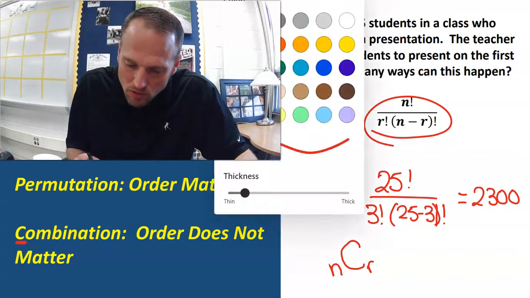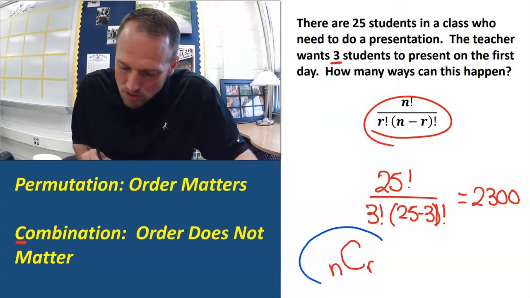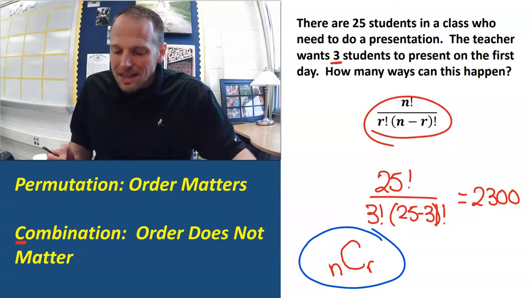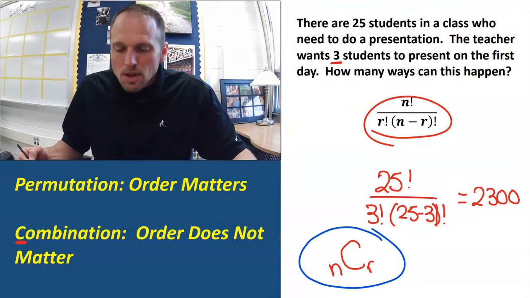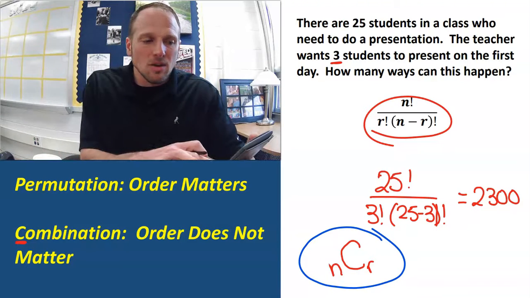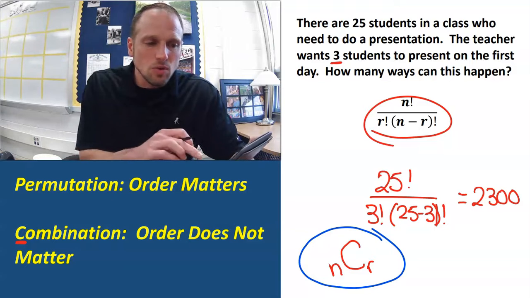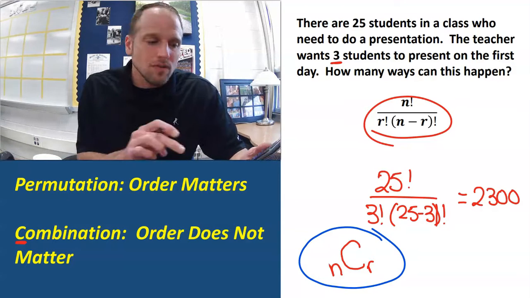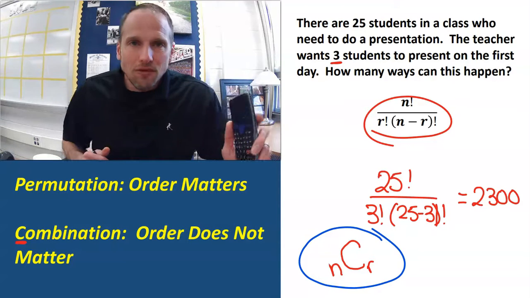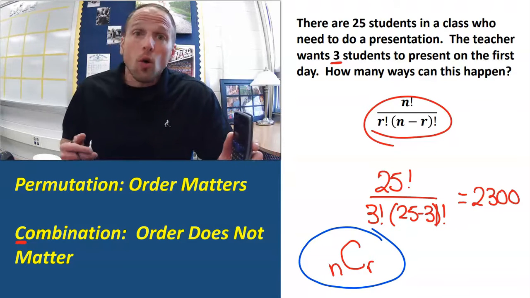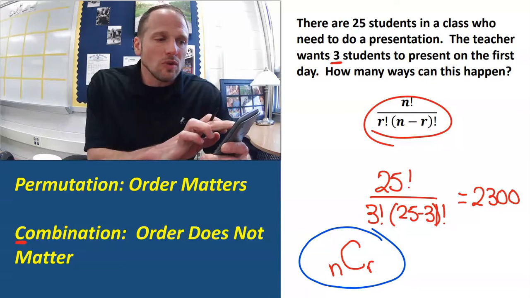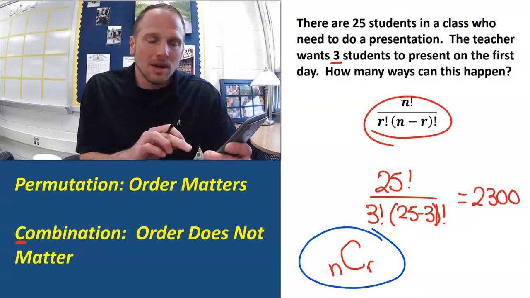So here's what I want you to do. If you've got your calculator, pull it out, find that key, and punch these into your calculator. The first thing I have to do is put in 25 because there are 25 different people that I could choose from. Order doesn't matter, so this is a combination. So now I hit my C button.